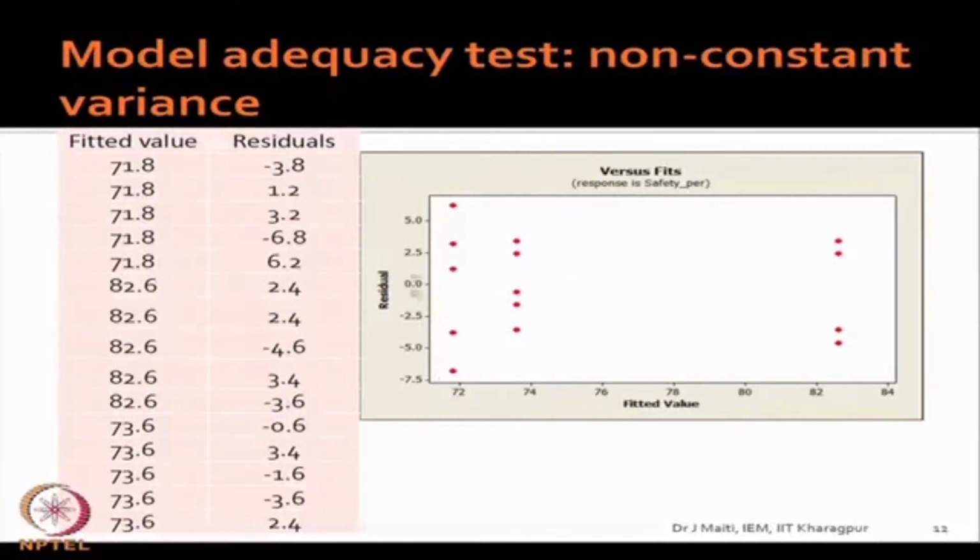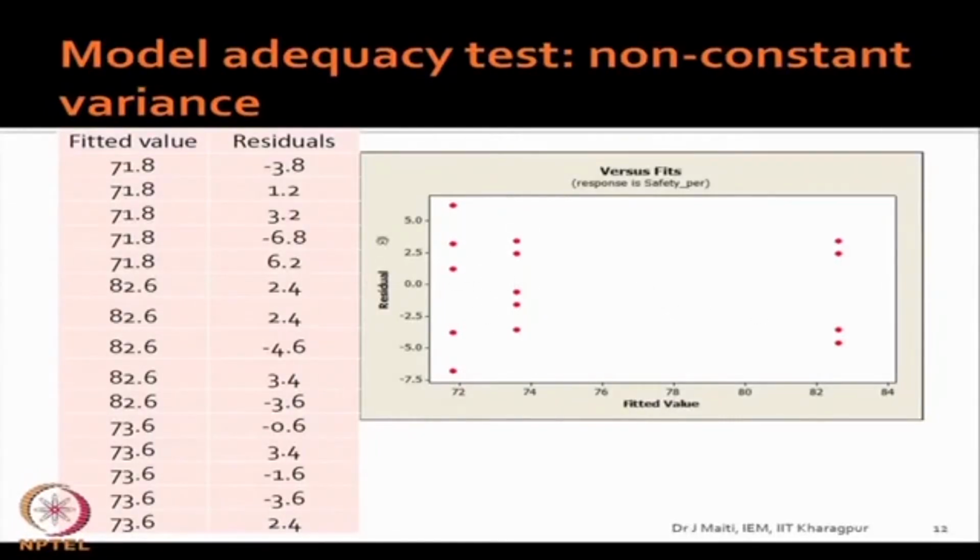But you have to test this through some statistics, that is Bartlett's test, I told you earlier. Here it is showing that for population 1, that means level 1, A1, the variability is a little more.